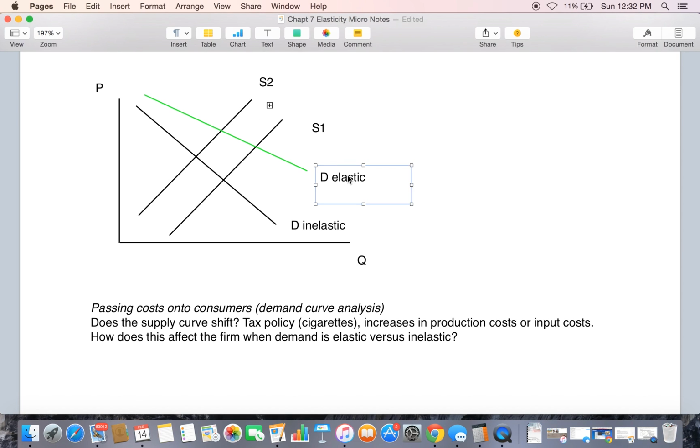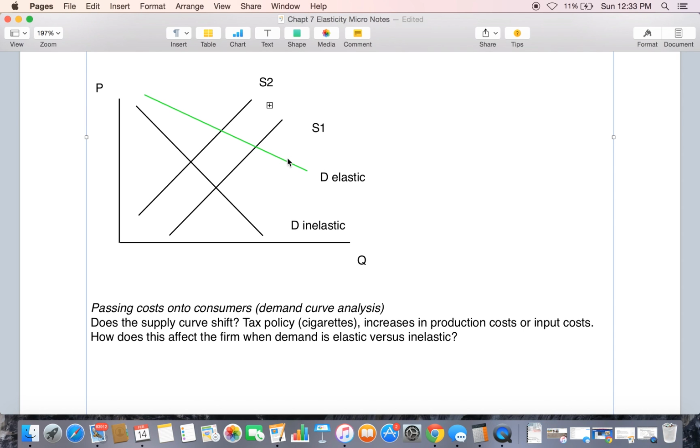Along an inelastic demand curve, we see something very different than along an elastic demand curve. Along the inelastic demand curve, we definitely have a decrease in quantity demanded, but we also have a dramatic increase in price.